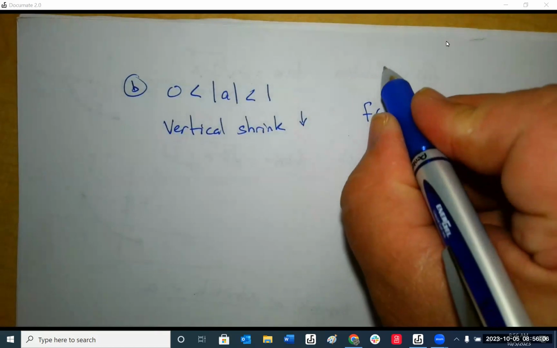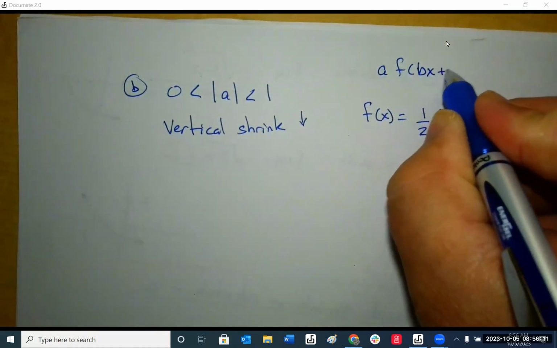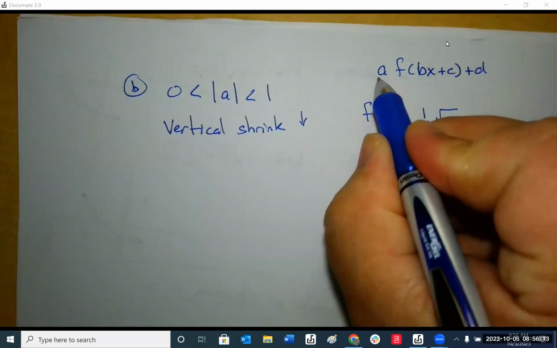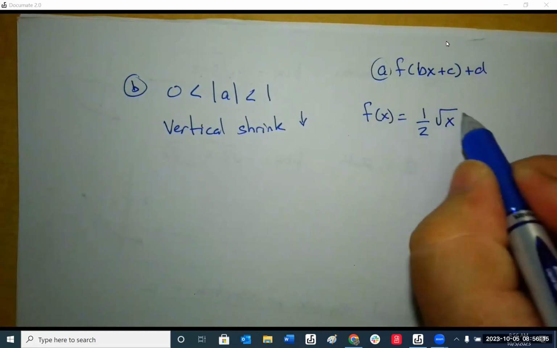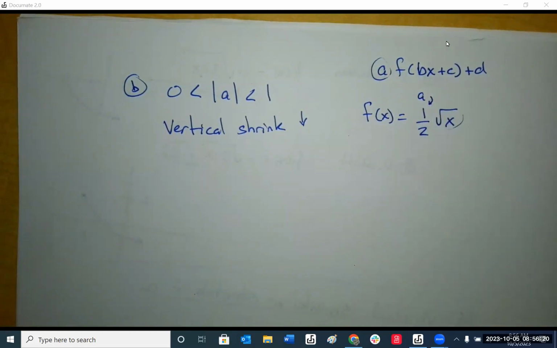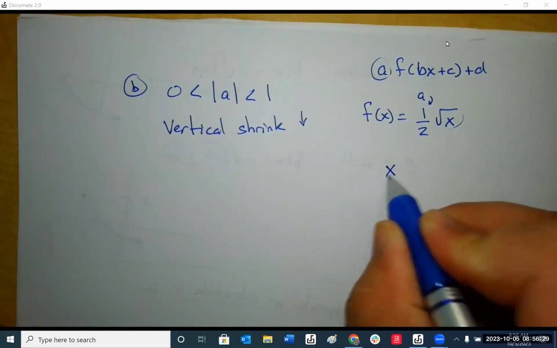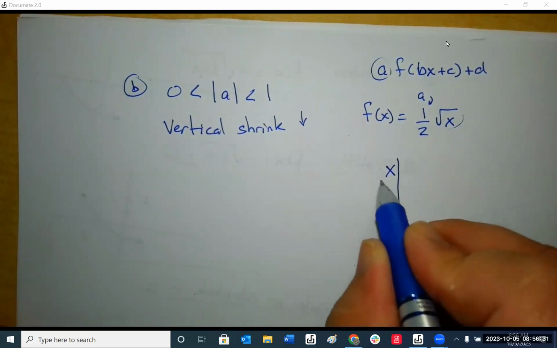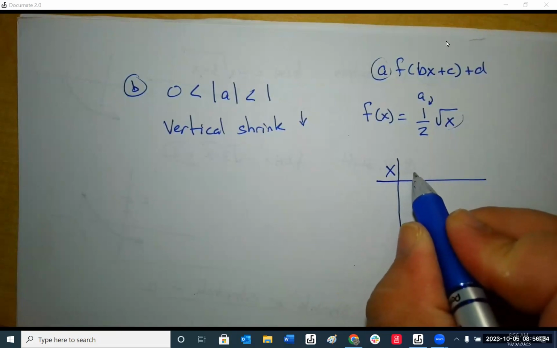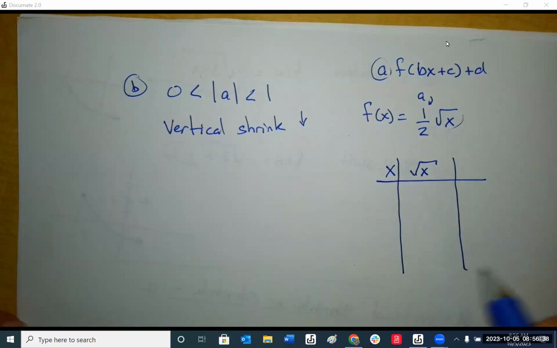Remember, a is whatever's in front of the function. Here's the function, so this is a. A is between 0 and 1, so it's a fraction, which means if we look at the values of this, the original function is a square root of x.